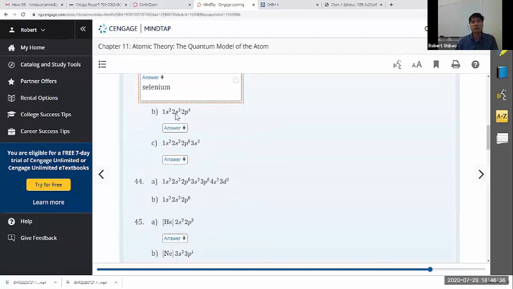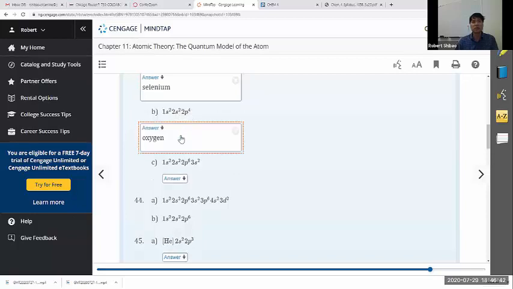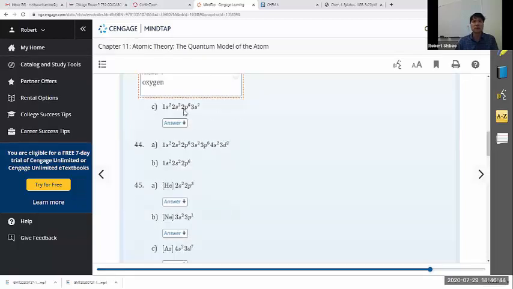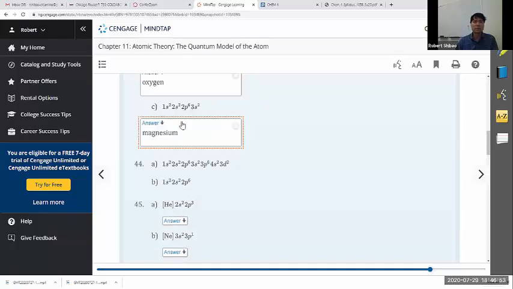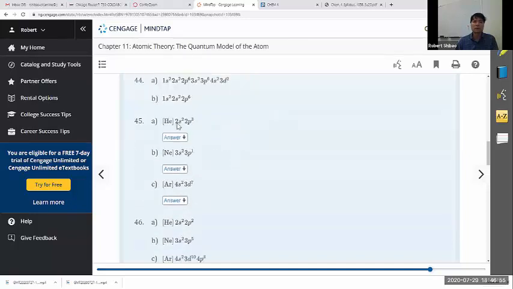This is the second shell, second period, with 6 valences, got to be oxygen. 6 valence electrons is oxygen. This one's going to be 2 valence electrons in the third row, which is magnesium. And then this one is helium. This is going to be the second row with 5, and so the second row with 5 valence electrons is nitrogen.